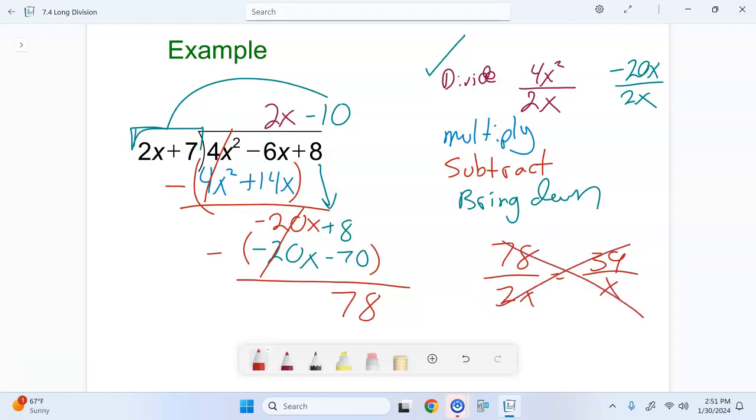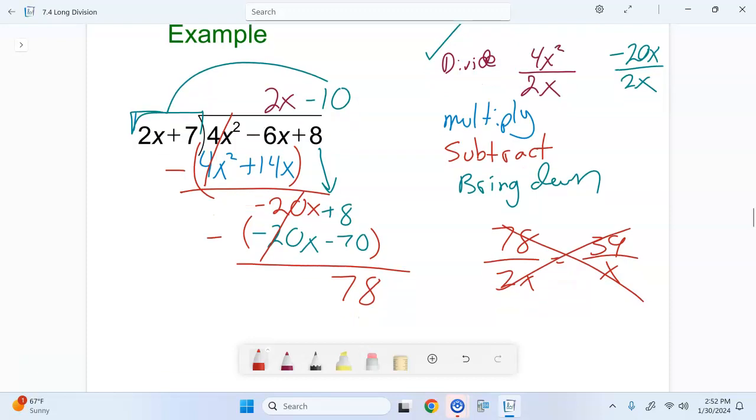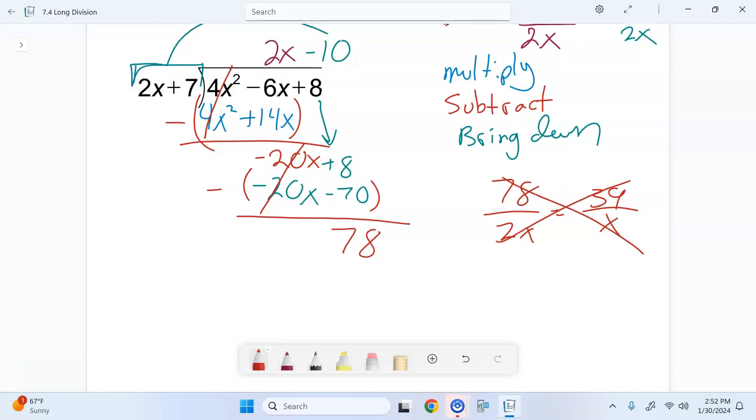So that's our remainder. But then do we still put 78? Yep, that's going to be the remainder over the divisor. How do we write that? Quotient plus remainder over divisor.